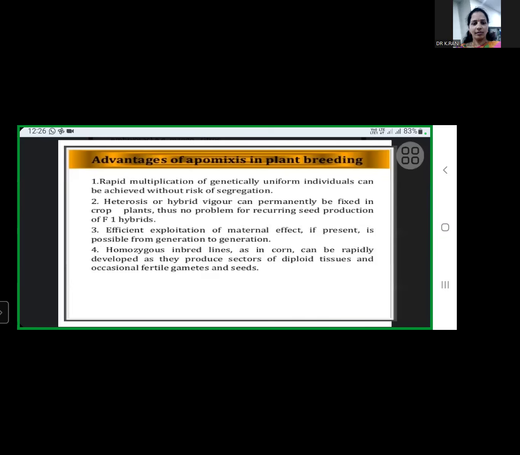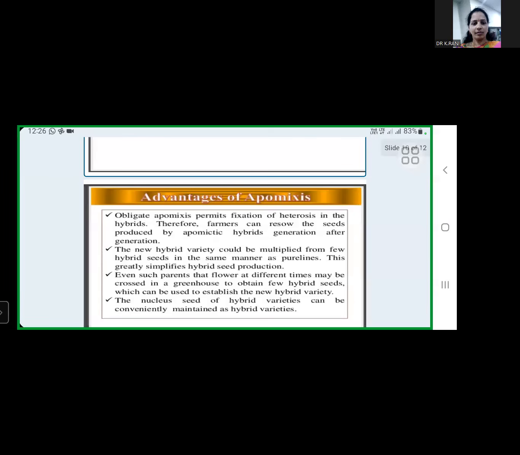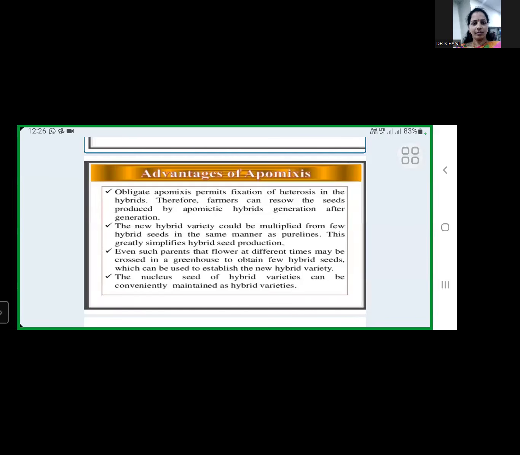Some advantages of apomixis: it will be obligate apomixis. It permits fixation of heterosis in the hybrids. Therefore, farmers can resow the seeds produced by apomictic hybrids generation after generation. So the new hybrid variety could be multiplied from new hybrid seeds in the same manner as pure lines.